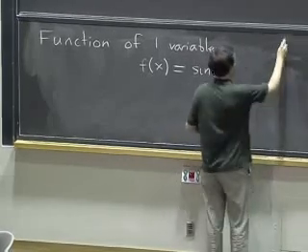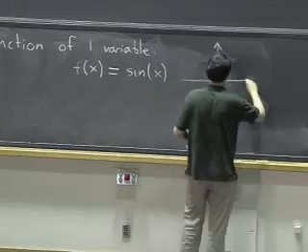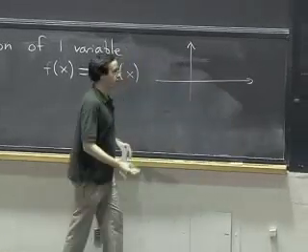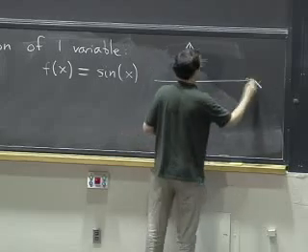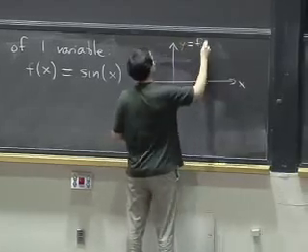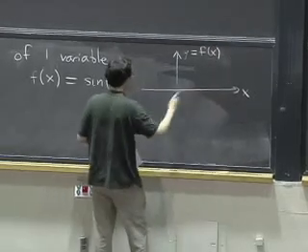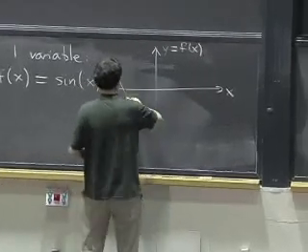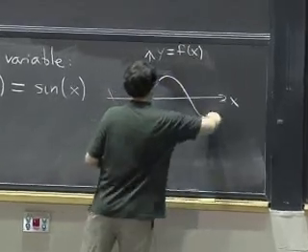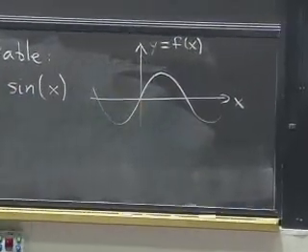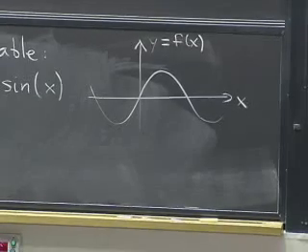And the way we would represent that is maybe by plotting the graph of the function. So the graph of a function, we plot y equals f of x. And in the case of a sine function, that looks like this.